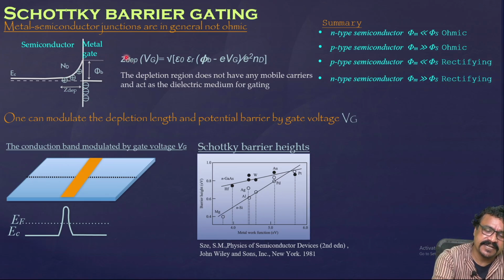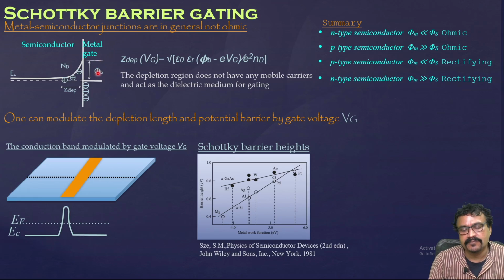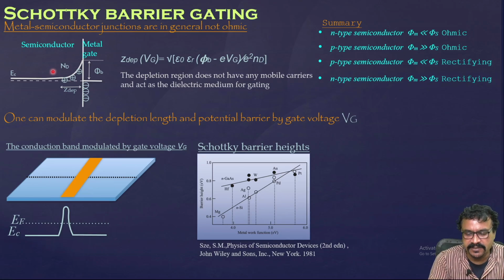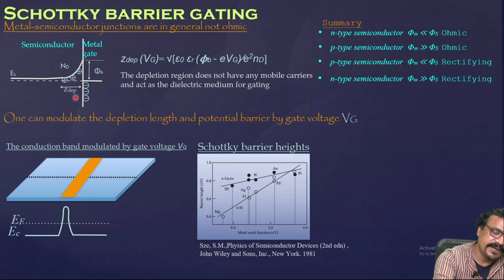The depletion length into the semiconductor induced by the metal is given by this formula, where phi b is the barrier height and V_G is the voltage that you apply onto the metal, and N_D is your doping concentration, among other details. But the take-home message here is that you get a thin depletion region.